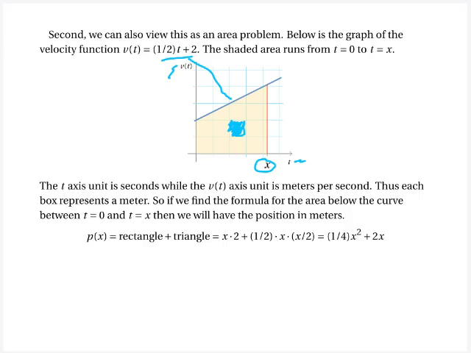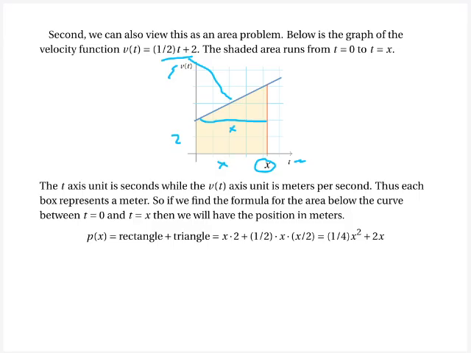So if we find the formula for the area underneath the curve between t equals 0 and t equals x, why, then we have the position in meters. We know the total number of meters accumulated. But this is a high school problem. There's a triangle and a rectangle. See, this rectangle is 2 tall and x wide. And this triangle here is, again, x wide.